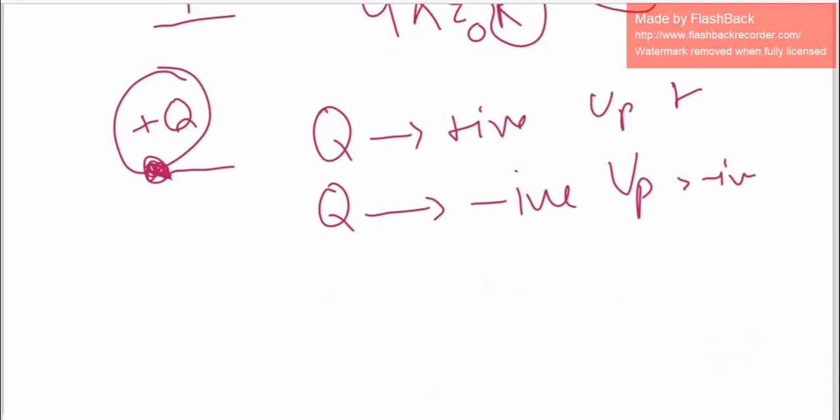The work I do by bringing the charge from infinity would be negative if the charge is negative. What would be the potential at infinity due to that positive charge?